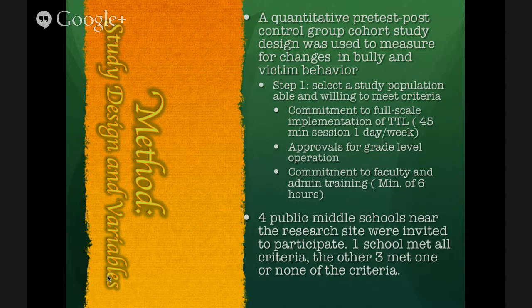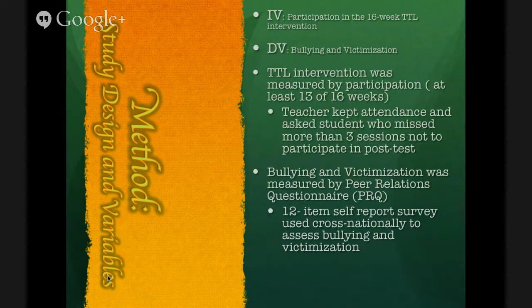Four public schools near the research site were invited to participate. One school met all the criteria, and three schools met one or none of the criteria. Our independent variable was participation in the 16-week TTL intervention, and our dependent variable was bullying and victimization.